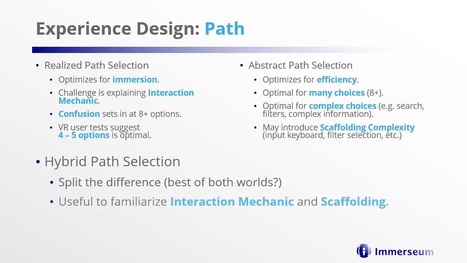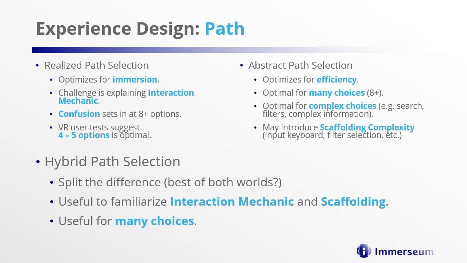The hybrid path selection, we find, works well to sort of blend the two. We utilize the realized model in order to enhance immersion, help comfort, help orientation. But we still have the challenge of having many choices.